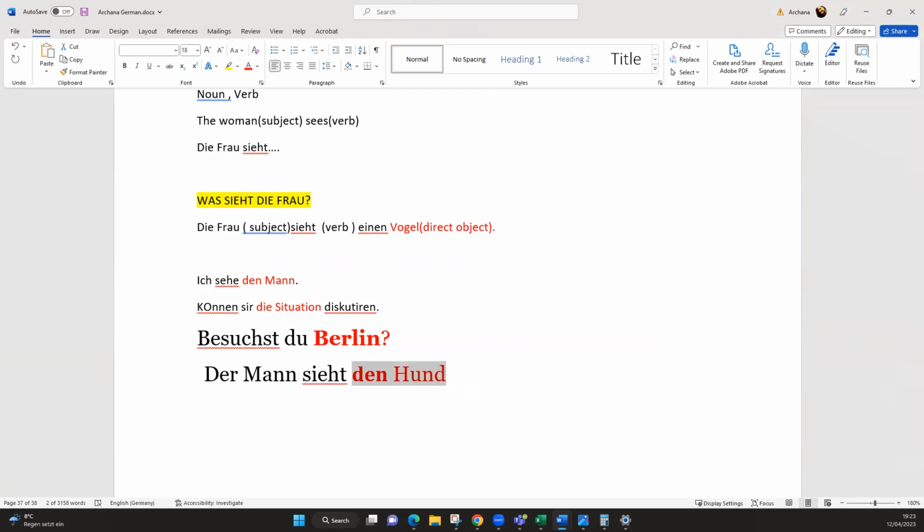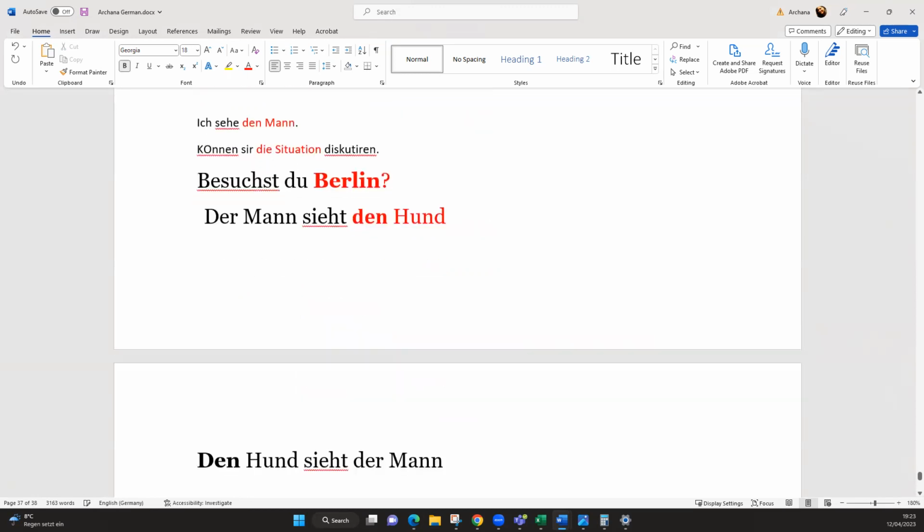Simple. Now, Den Hund sieht der Mann. Here, what would be the accusative? Den Hund sieht what? What does the dog see?